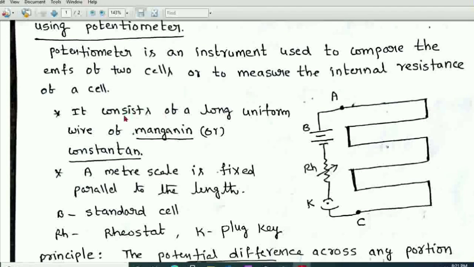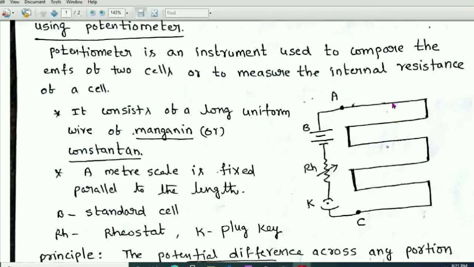So it consists of a long uniform wire. Generally, this long uniform wire is cut into pieces and the pieces are arranged side by side like this. The ends of the pieces are connected to thick metal strips. These are the metal strips.